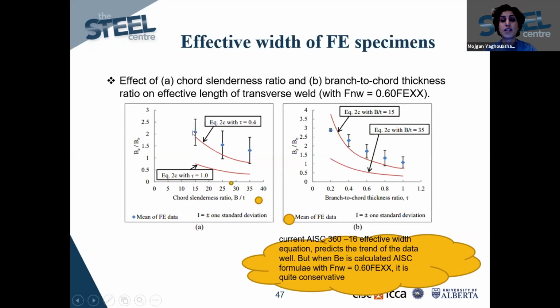As you see, these B effective values are quite larger. The one calculated based on finite element was quite larger than those calculated by code.